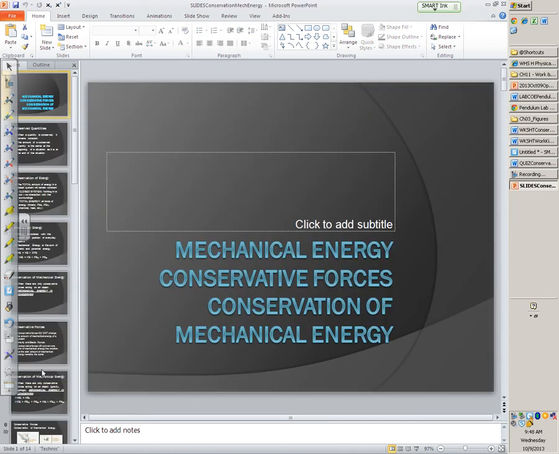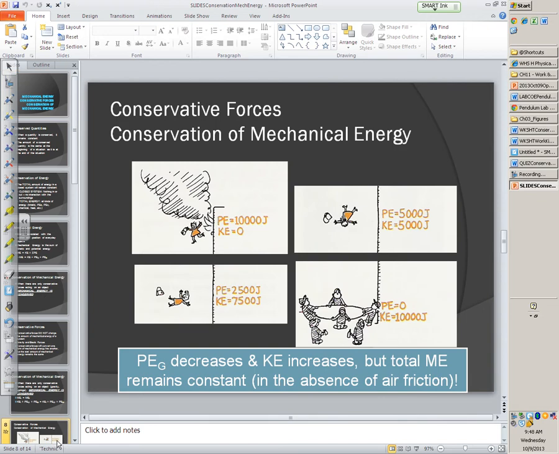On Monday, we talked about this lady falling out of the building, right? Okay? And we talked about that the same thing happens, that when she's up at the top, she starts off with potential energy. As she falls, that potential energy decreases, but the kinetic energy increases. Okay?